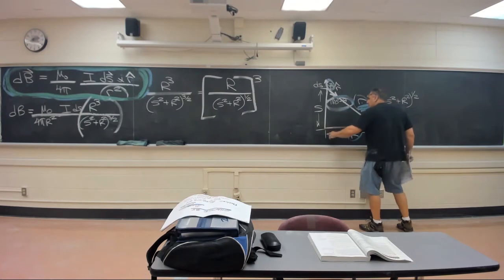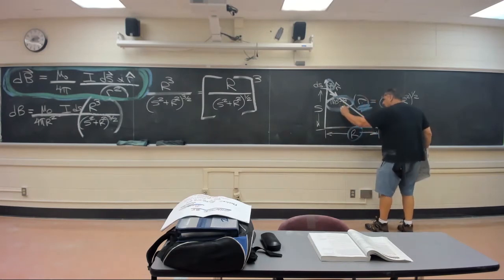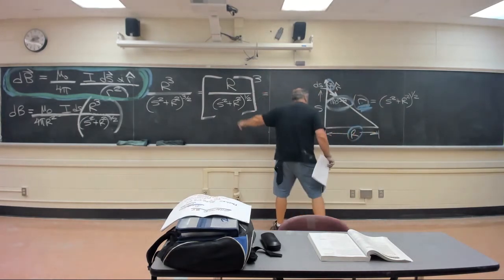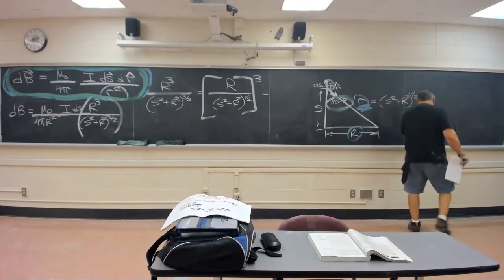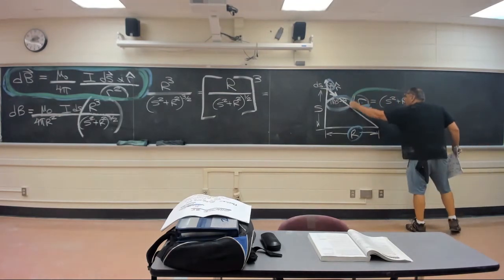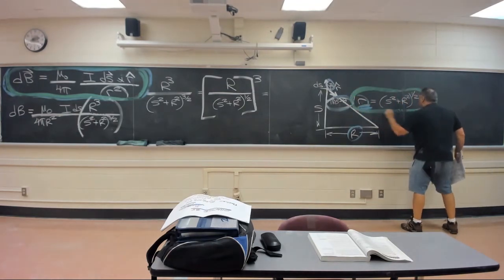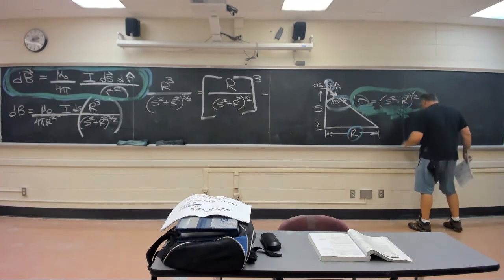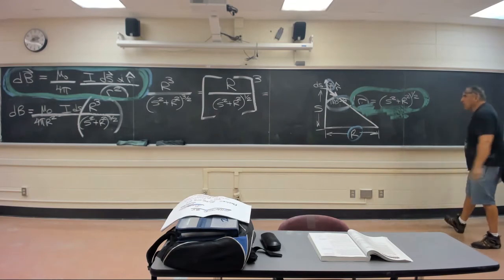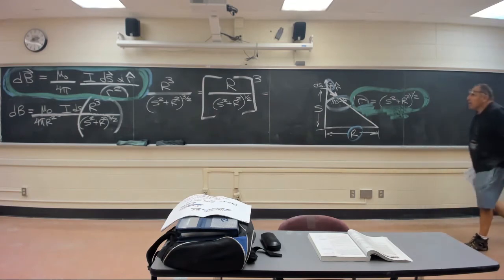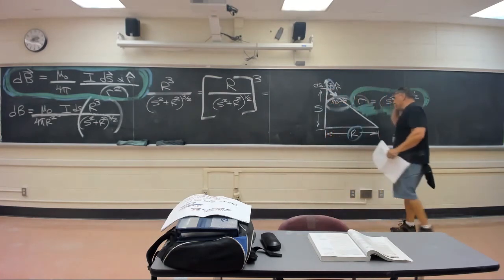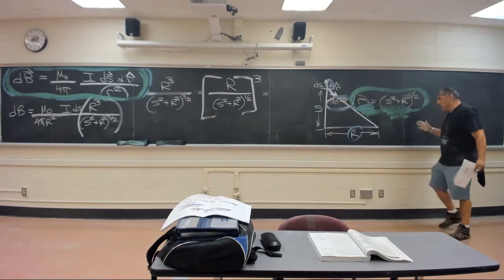It's opposite over hypotenuse. Here's your hypotenuse. Well, that's the sine. We just said it, in a roundabout way, but here it is.